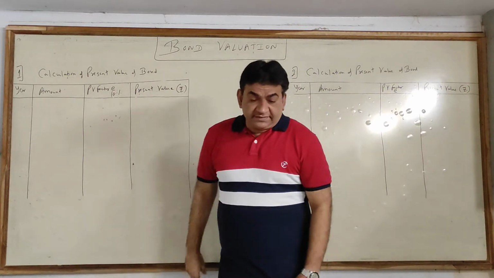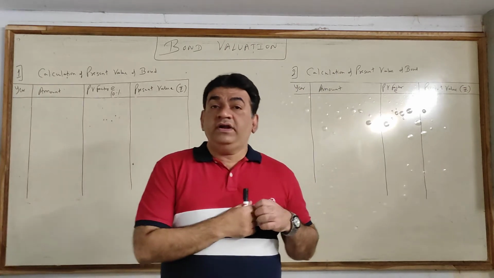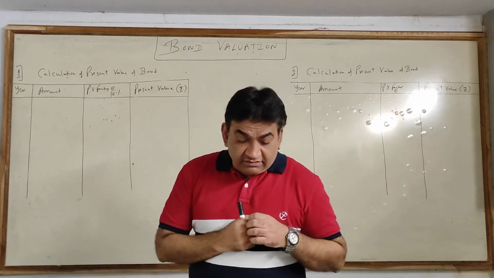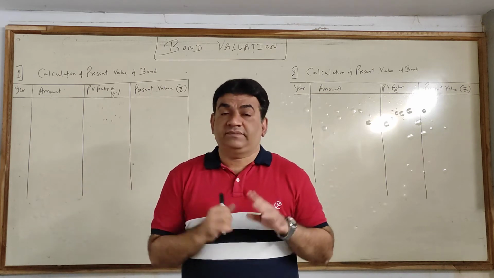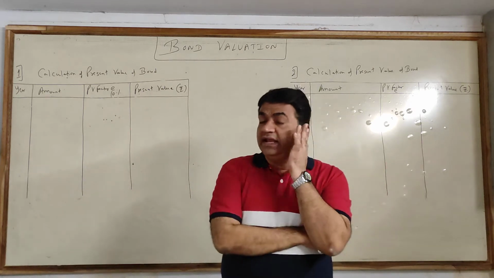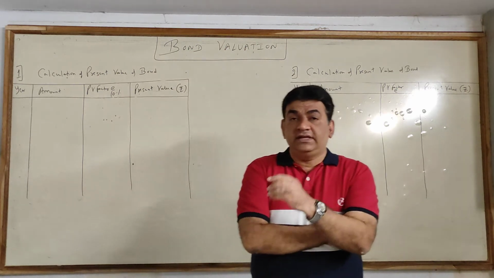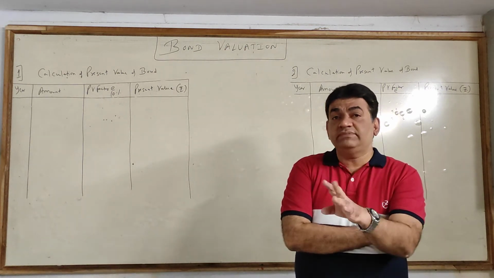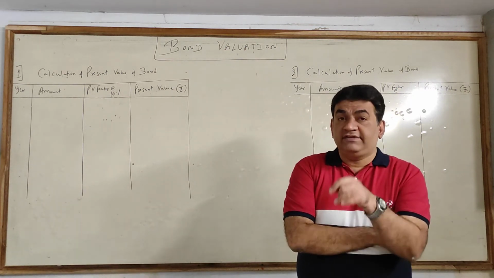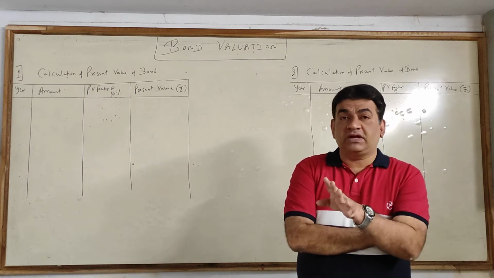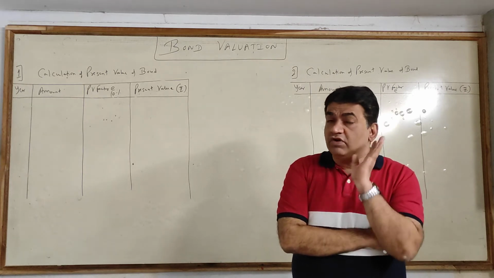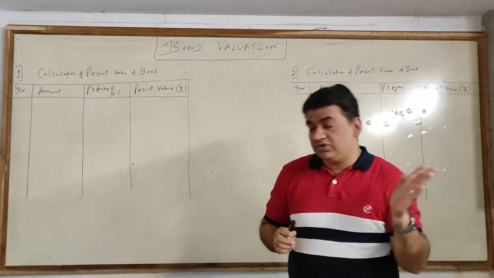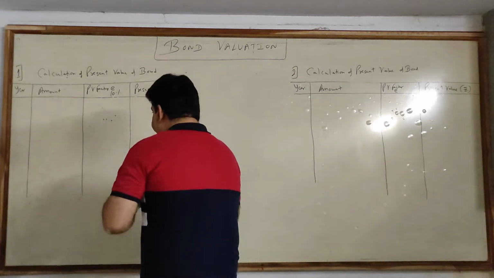Now see, what is the period of the bond? First line given, 5 years. Par value is 1000. You all know very well, interest or dividend, when you issue shares, debentures or bonds, whether you issue at par, premium or discount, is always on the face value, that is par value. Let's go step by step.